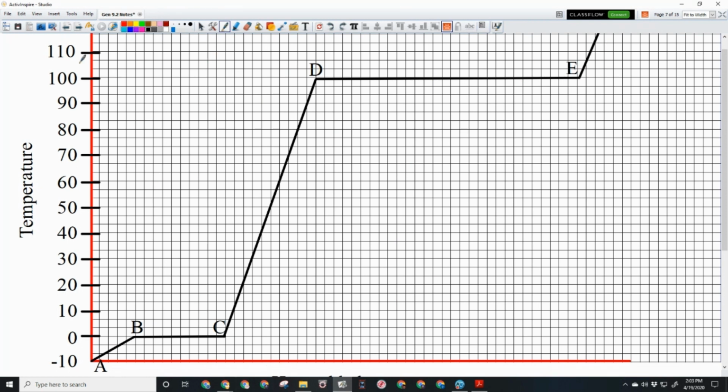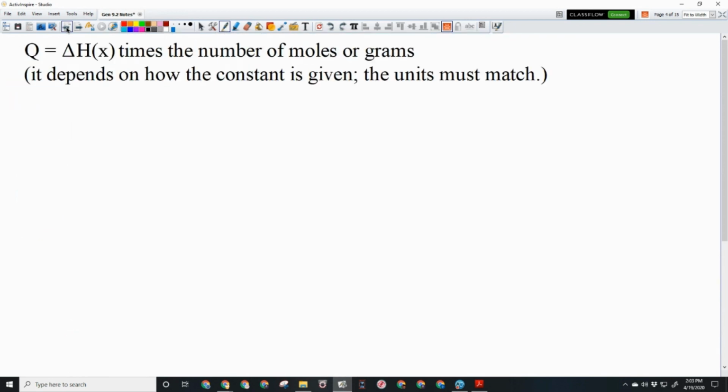All right, so I'm going to go back a couple of slides here, and we're going to talk about the formula. This is a little bit different formula than the one we use during the flat parts of the graph, during a phase change. So just to review, the formula that we're using is Q equals MC delta T, remember?